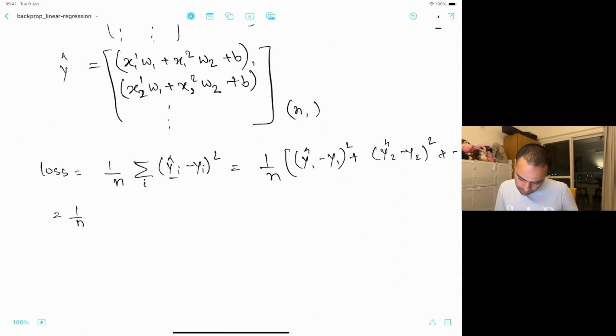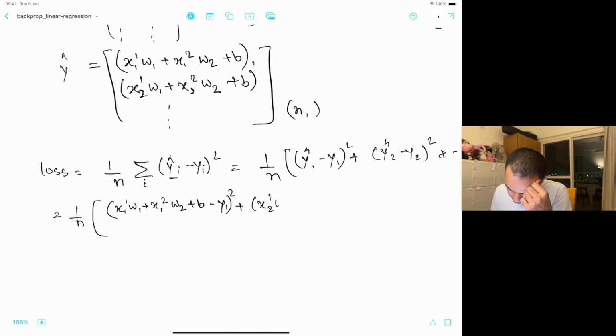Y1 hat is the first element in this vector, so this would be 1 over n, (x11 w1 plus x12 w2 plus b minus y1) squared plus (x21 w1 plus x22 w2 plus b minus y2) squared, and so on. So this would be our loss.